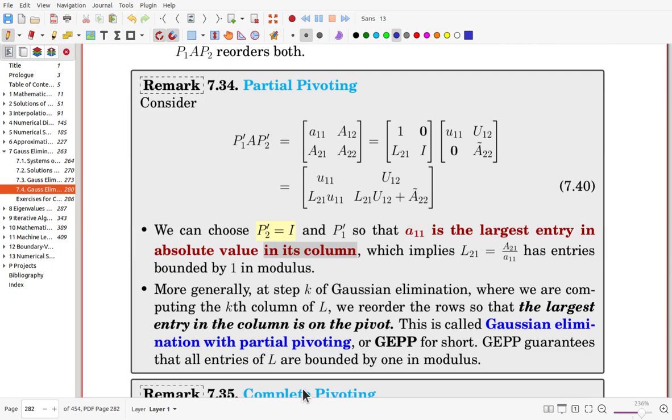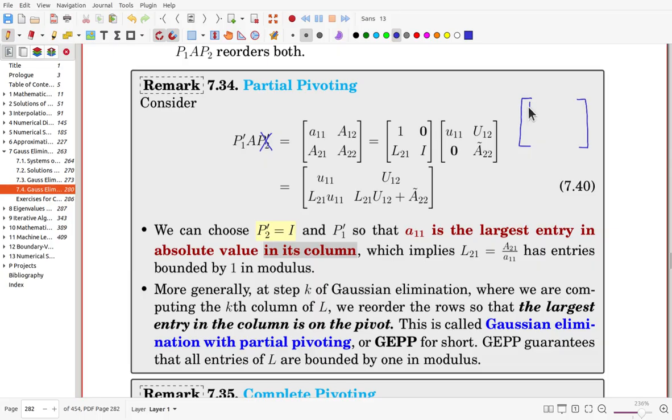Now, here we have a remark for partial pivoting. Partial pivoting is when you are choosing, now the right side is identity. Let's say it is identity, so that only row interchange is applied. Then the manner is, for example, in the beginning, A11 is the largest entry. Originally A is given in this way.